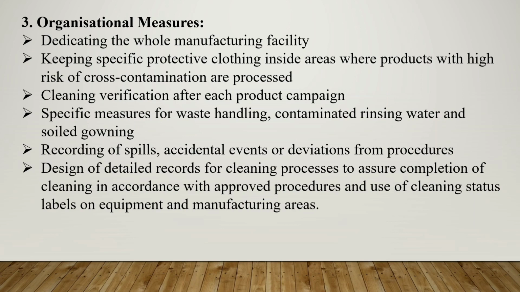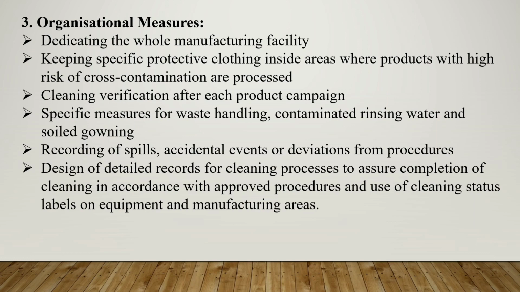Then cleaning verification after each product campaign, means after every product campaign you can send a sample for cleaning verification to check the API residue, so you can minimize the risk of cross contamination. Then specific measures for waste handling, contaminated rinsing water and soiled gowning. Then recording of spills, accidental events or deviations from procedure.